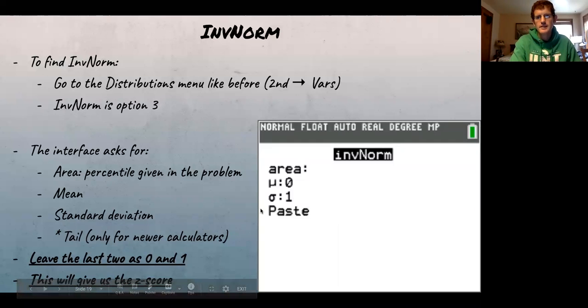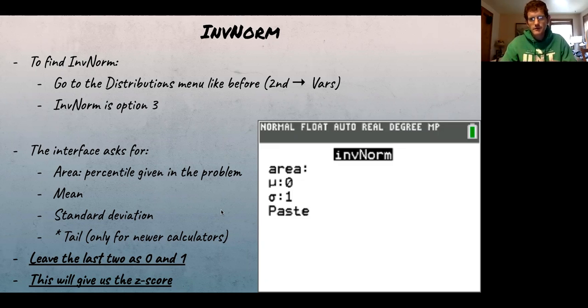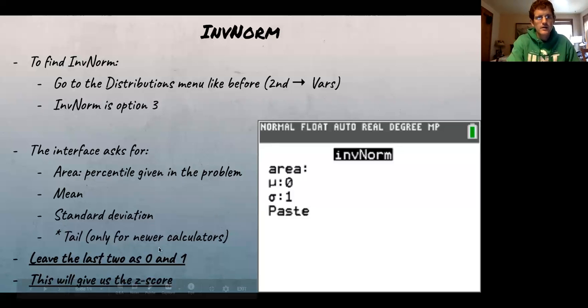I will go into more detail about that tomorrow, but generally you want to leave that at left, and I will explain what the right and center are for. Once you understand the concept, then you can figure out how to set that left, right, and center. Okay, but we leave the mean and the standard deviation as 0 and 1, just like before. When we do this, it's going to give us the z-score. So I'm going to do one example, and we're going to call that the end of class today. Okay.